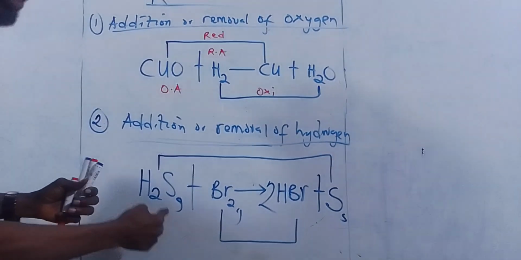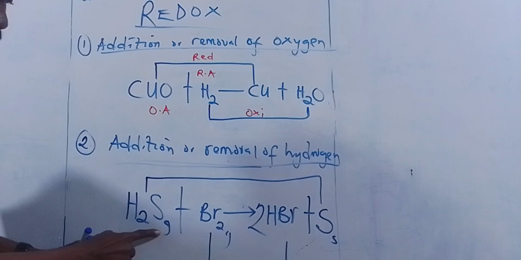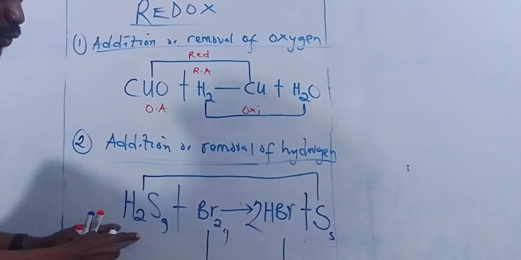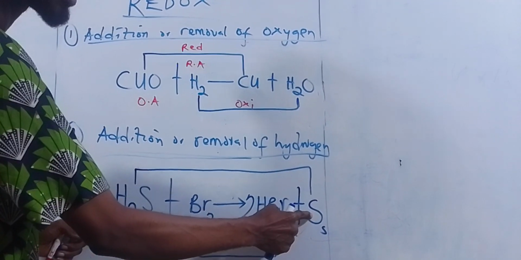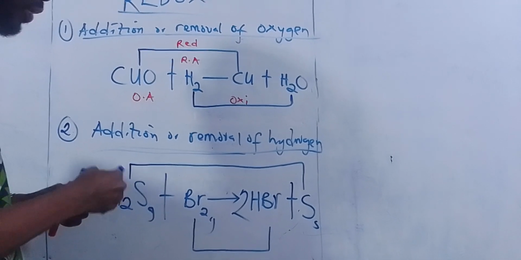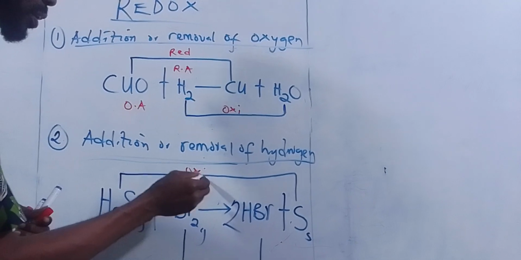If oxidation is the removal of hydrogen from a substance, and all the hydrogen present in hydrogen sulfide has been removed and the hydrogen sulfide has come to form yellow sulfur deposit, so we say that the hydrogen sulfide has undergone the process of oxidation.